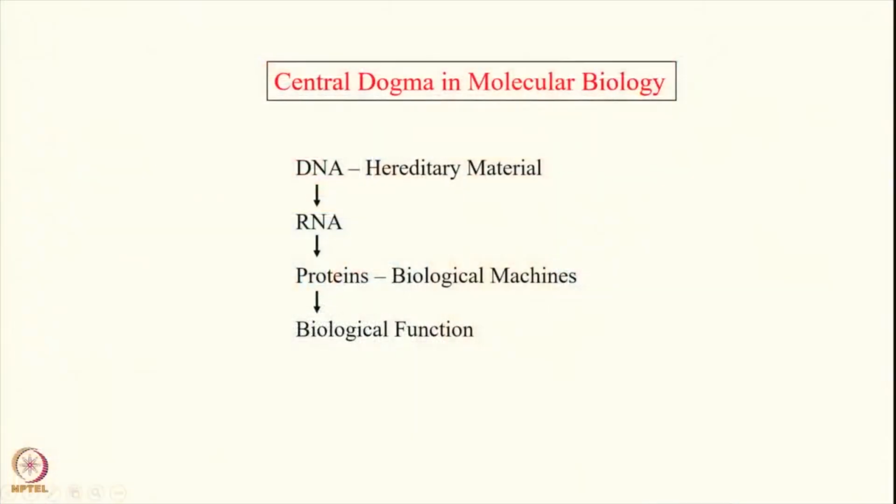And everybody knows, especially the biologists, that the central dogma in molecular biology is described in this particular manner. Every cell has a DNA which is there inside the nucleus, and this is the hereditary material.